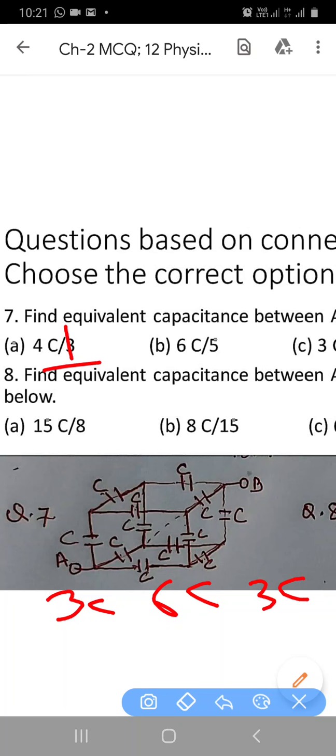So the equivalent will be 1 upon 3C plus 1 upon 6C plus 1 upon 3C.